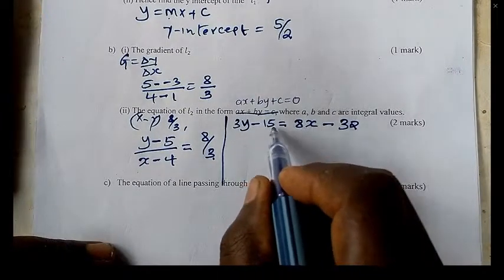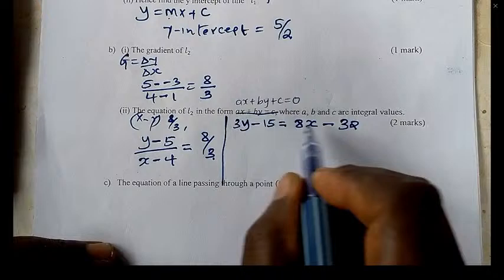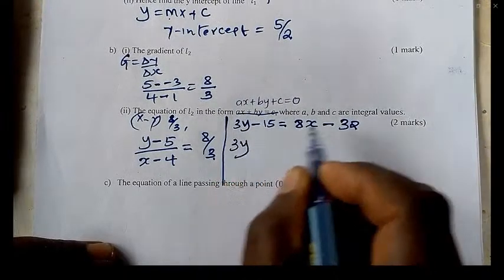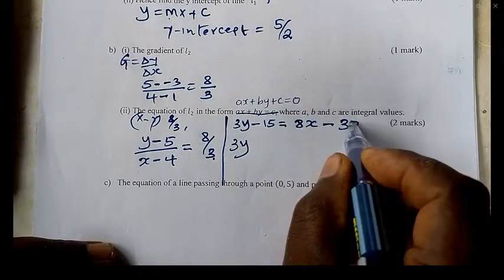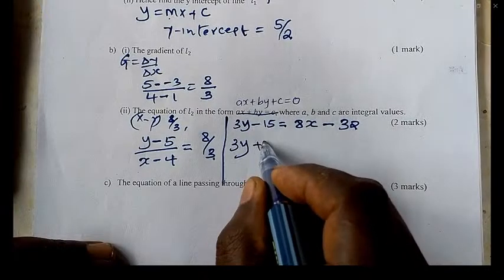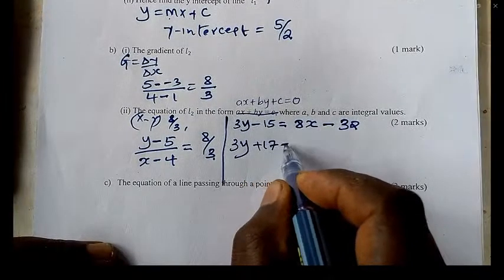So this coming to this side becomes plus 32, so you have 3y plus 17 equal to 8x.